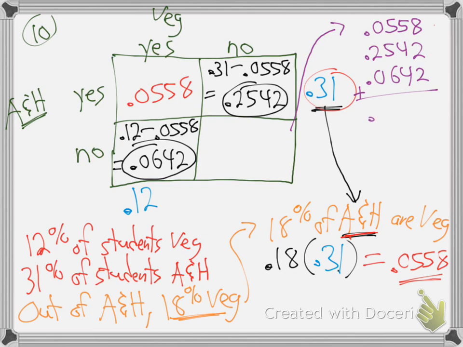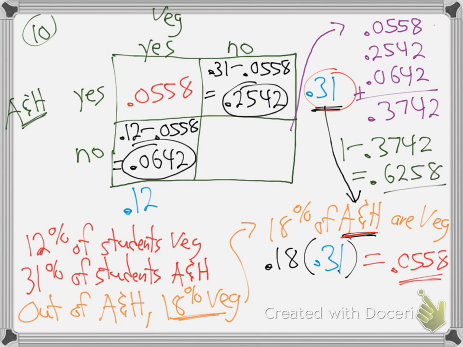I'm getting 0.3742. Whoops, I forgot to do the 1 minus, huh? That's what all those categories add up to, so for what's left over, I'm going to have to do 1 minus. I almost forgot. So now 1 minus 0.3742 is 0.6258.